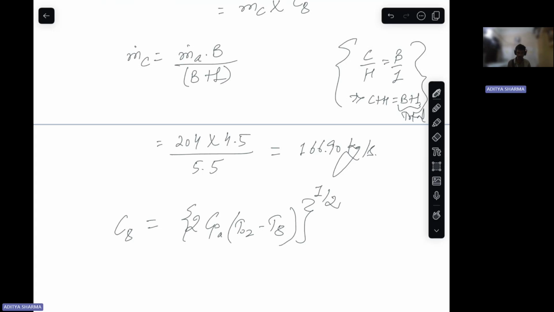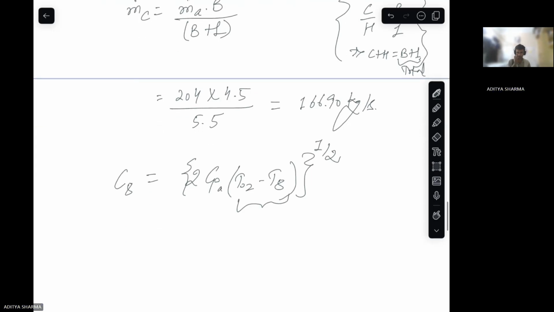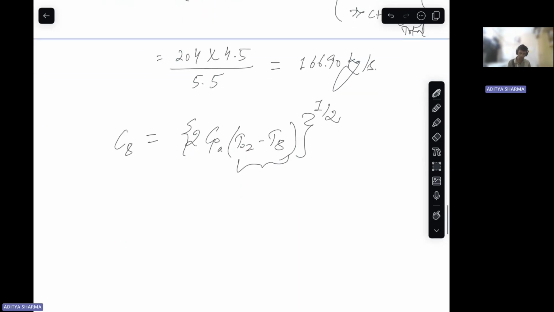The enthalpy change is being converted to its kinetic energy. Okay, this. Then this we need. So this is nozzle temperature drop.